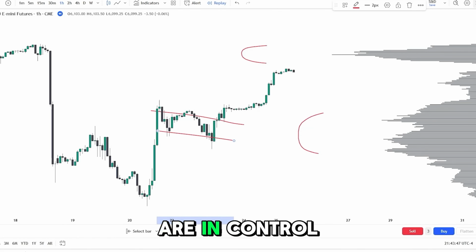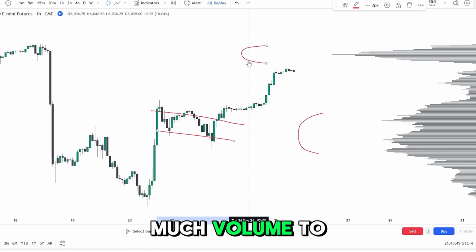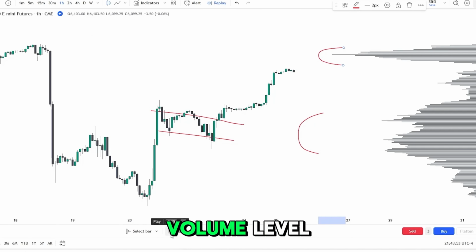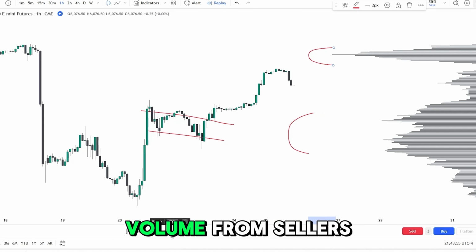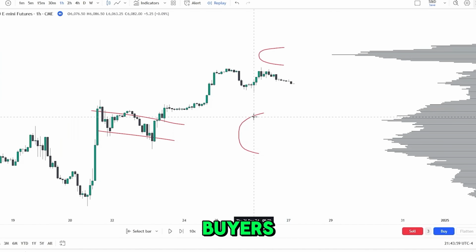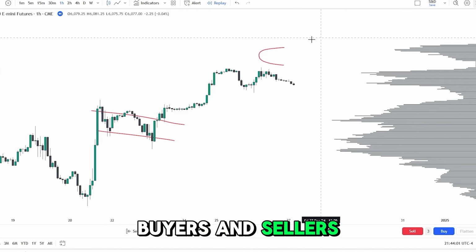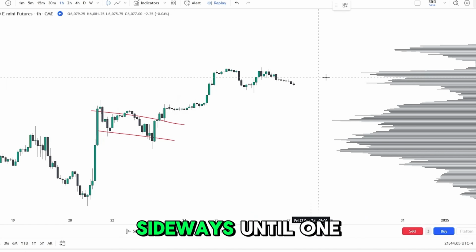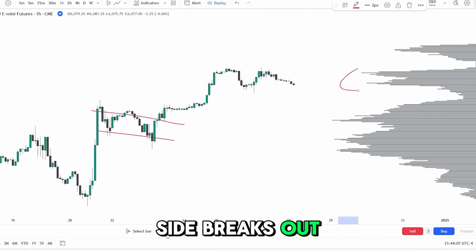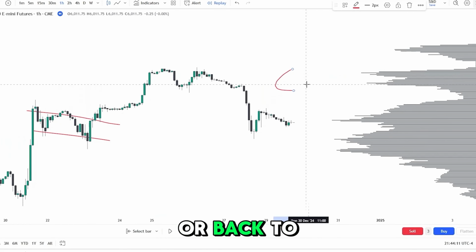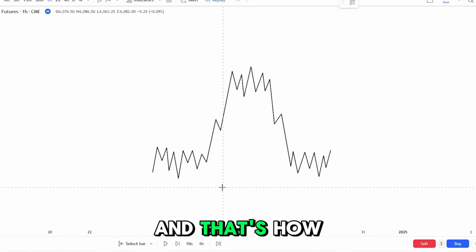And since buyers are in control now, and there isn't much volume to stop them, they'll keep moving in that direction until we hit the next high volume level. Then we have enough volume from sellers to come in and stop, or at least slow down the buyers. Now we're back at balance between buyers and sellers. Once the price is at this high volume level, it'll keep trading sideways until one side breaks out. And then it'll move either to the next high volume level above this one, or back to the level it came from. And that's how the market moves.